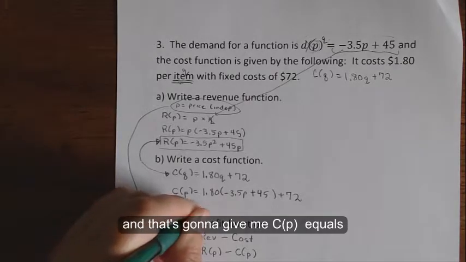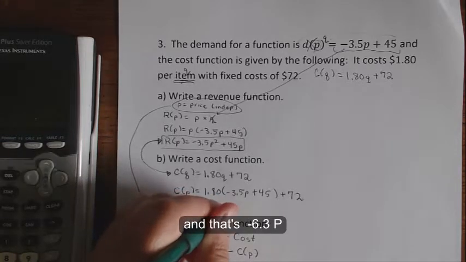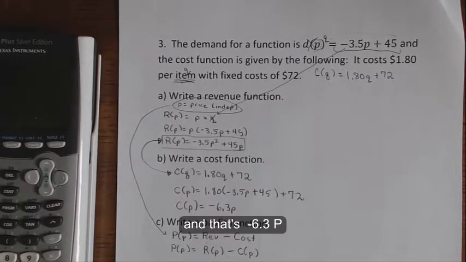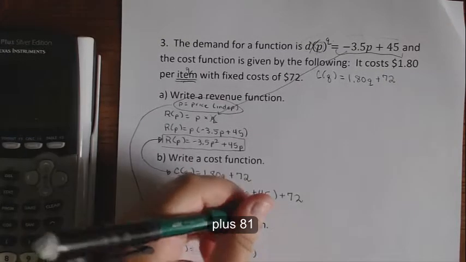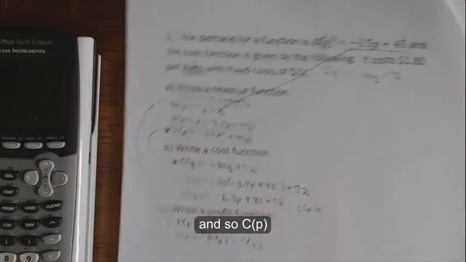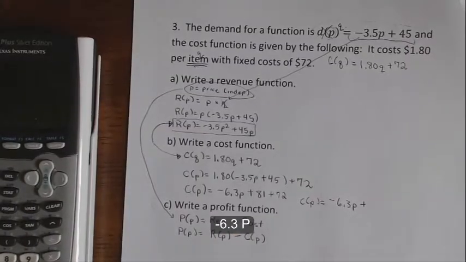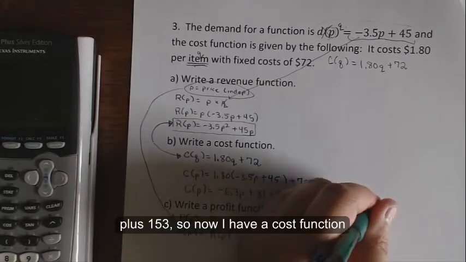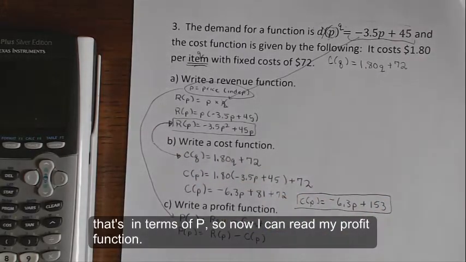And that's going to give me C of P equals 1.8 times negative 3.5, and that's negative 6.3p plus 81 plus 72. And so C of P equals negative 6.3p plus 153. So now I have a cost function that's in terms of P.